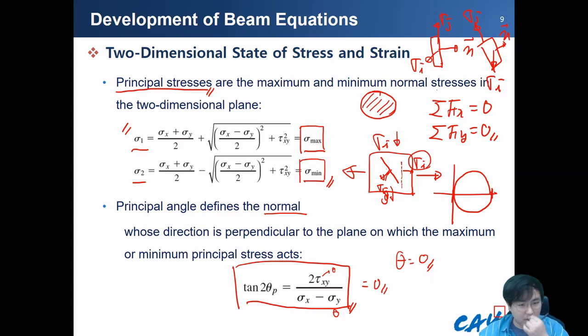So after calculating some stress components in any place or any direction, and then calculating those relationships, you can define the maximum normal direction. That's why we learned these concepts.